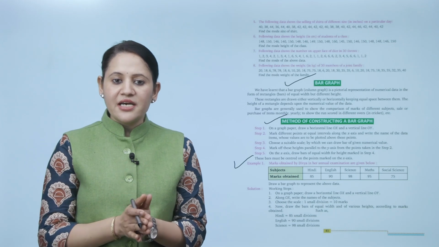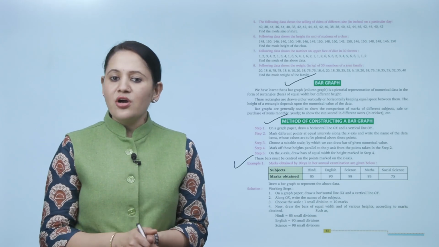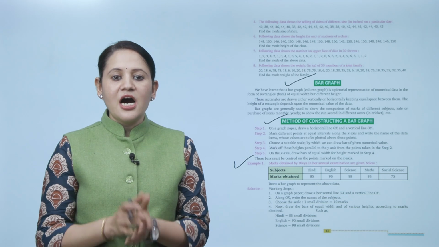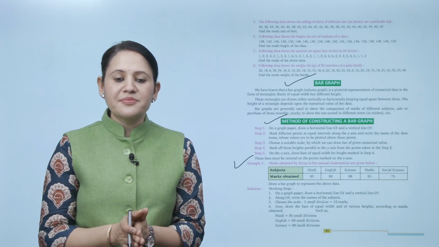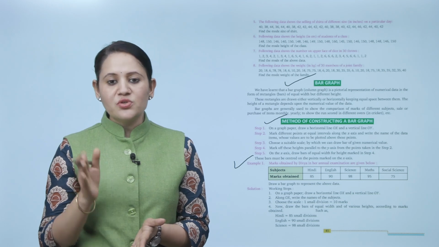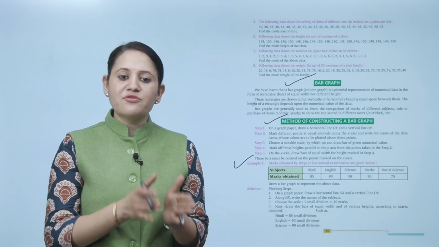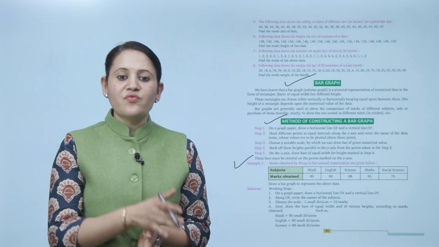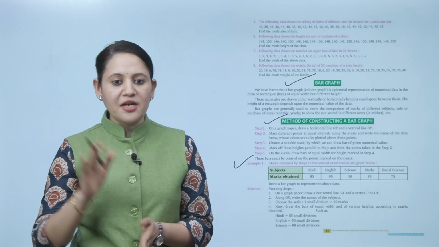So working steps are: on the graph paper, draw a horizontal line OX and a vertical line OY. Along OX, write the names of the subjects. Choose the scale 1 small division equals 10 marks. So first we have to choose a proper scale to represent the data. So the scale is 1 small division equals 10 marks.